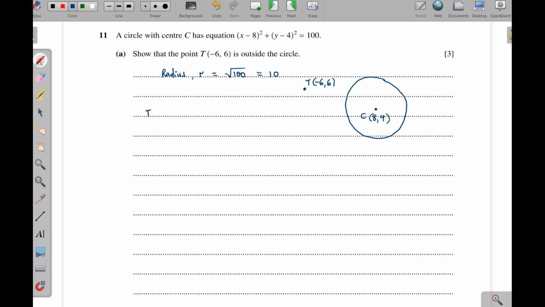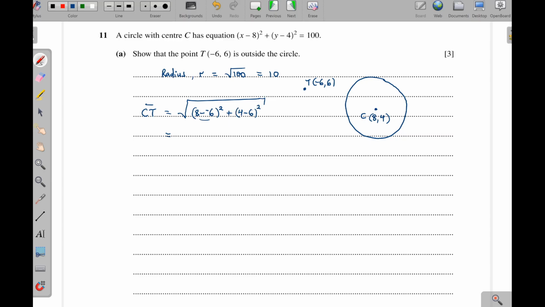So CT is the square root of, now you have 8, the change in x, 8 minus negative 6. That is the change in the x-axis, then plus the change in y, which will be 4 minus 6, squared.